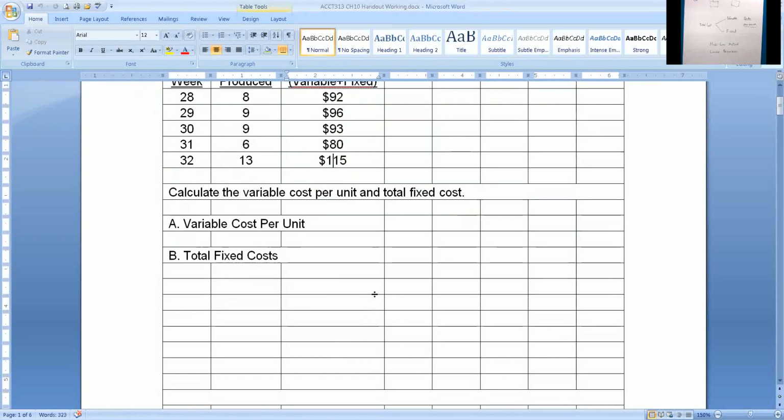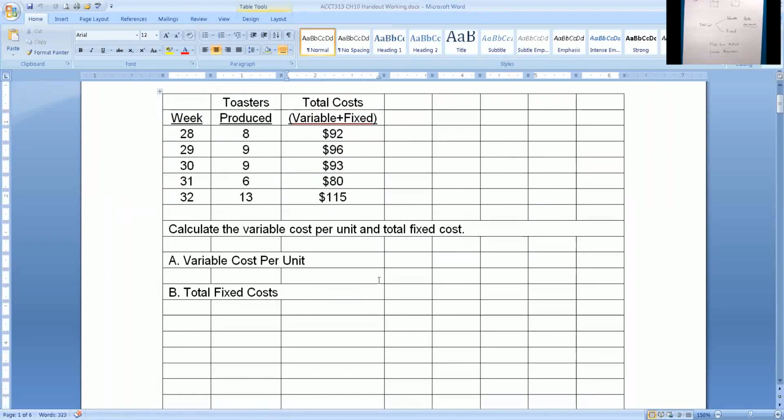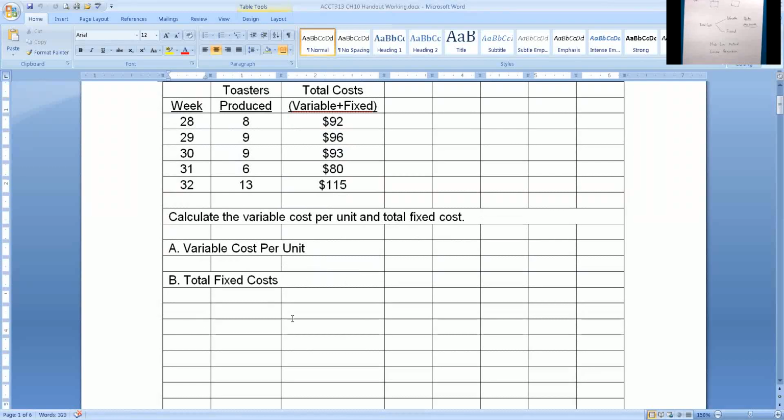Now, the high-low method says you just take the units and the total cost for the highest and the lowest.